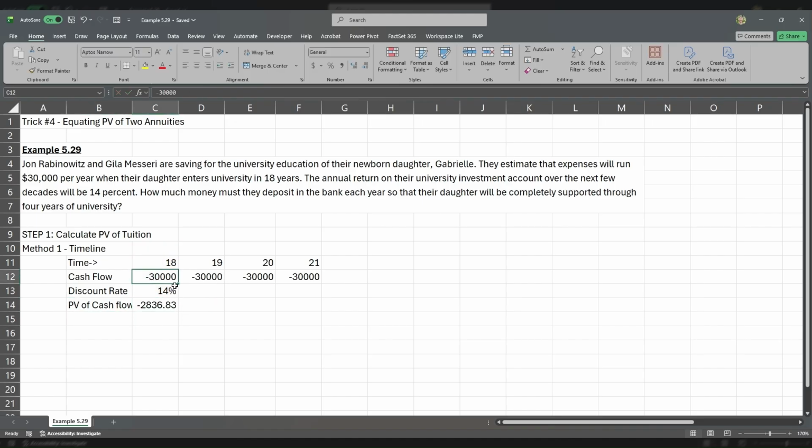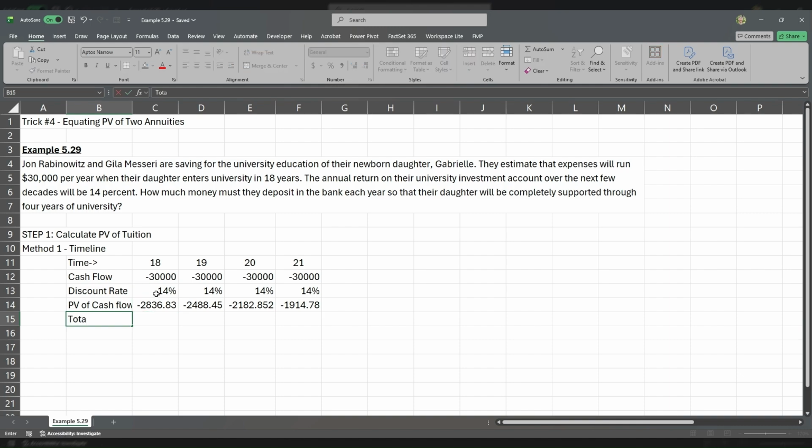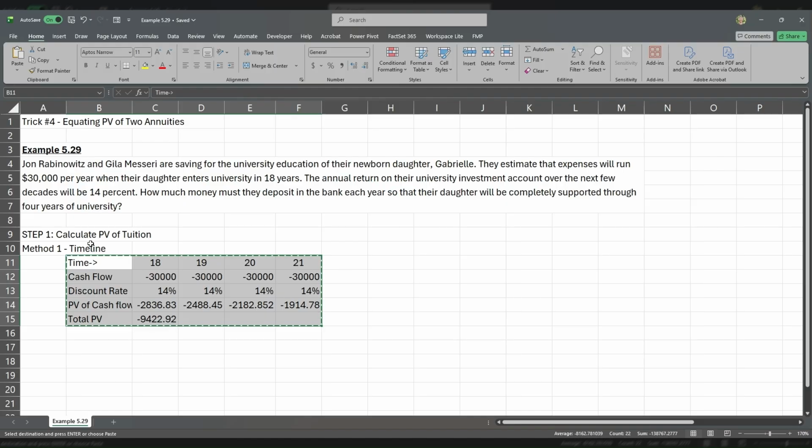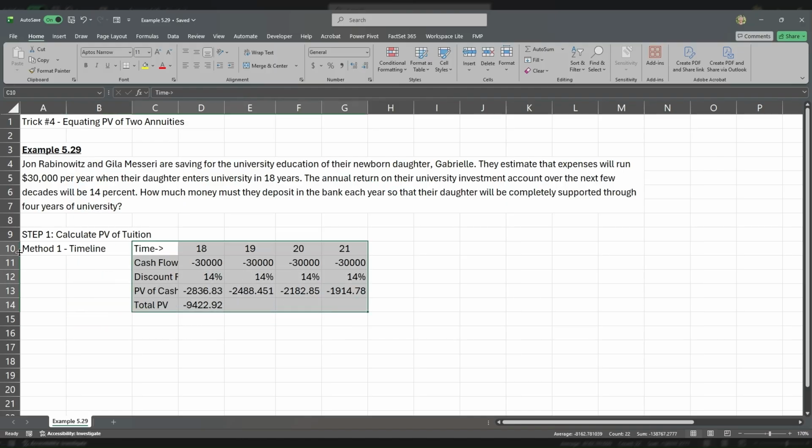So the present value of $30,000 in 18 years from now, if they're earning 14%, is equivalent to $2,836 today. And what I can do is just zippity-doo-dah this across all 4 years and calculate the total PV here. So $9,422. That's the total PV associated with the tuition payments. So that's method number one of doing this calculation.